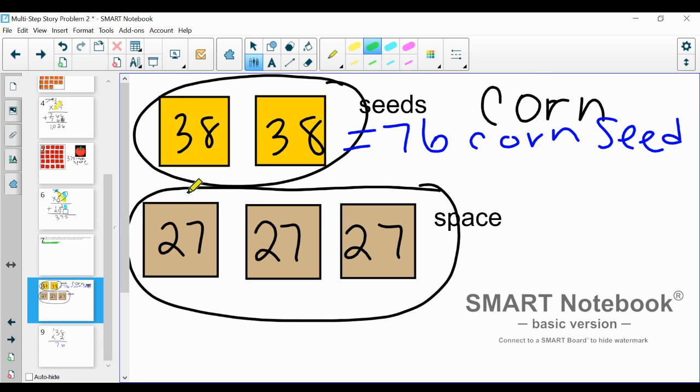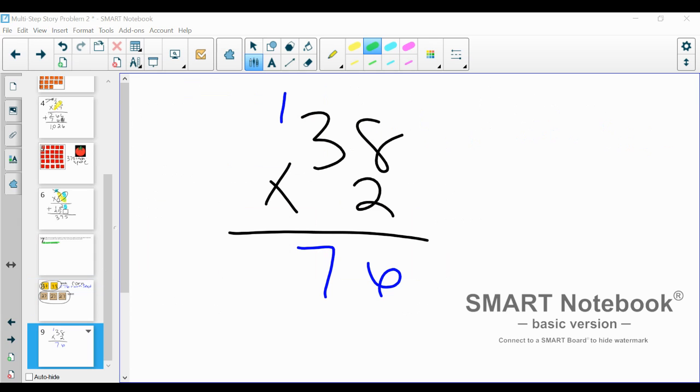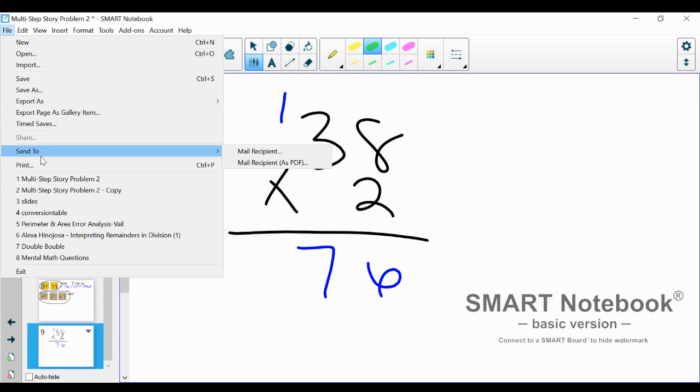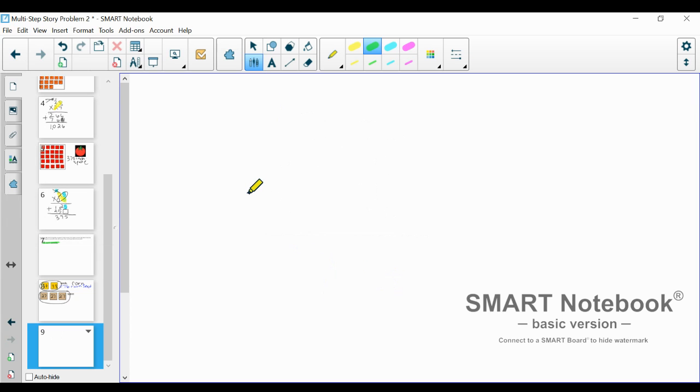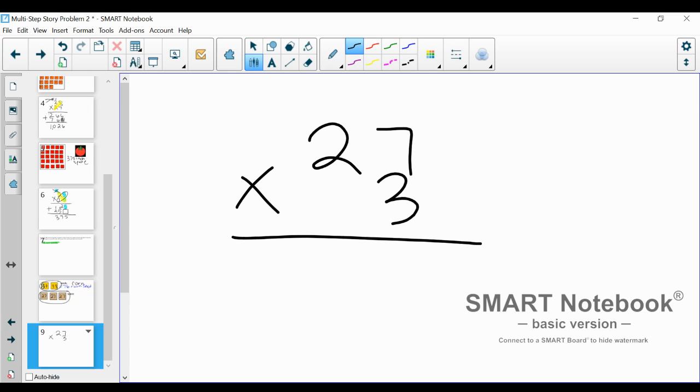And then back here, and 3 times the amount of space. So 27 plus 27 plus 27, or 27 times 3. Okay. So 7 times 3 is 21. 3 times 2 is 6, 7, 8.